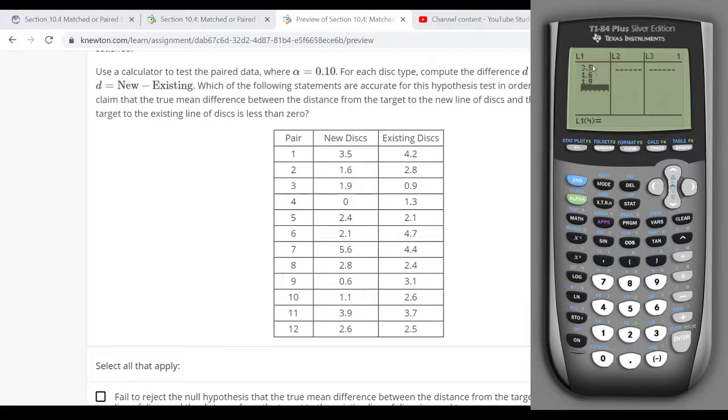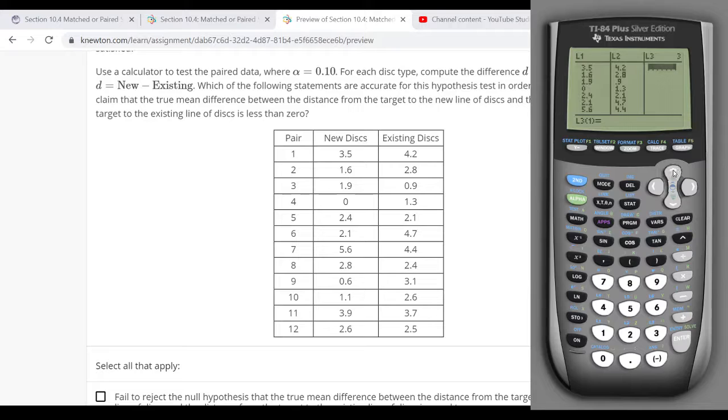So again, down L1, the new disc distances from the targets, and then down L2, the existing discs. So you see I've entered now the 12. You can't see all 12 because I'm down the list, but I've entered all 12 of those new disc distances from the targets, and then down L2 the 12 existing discs' distances from the targets.